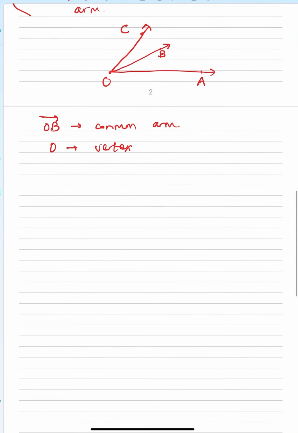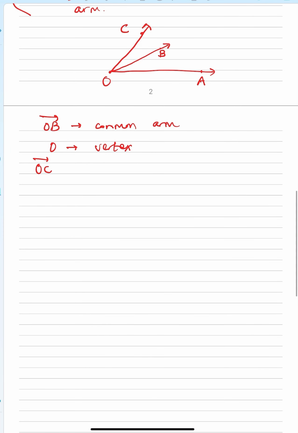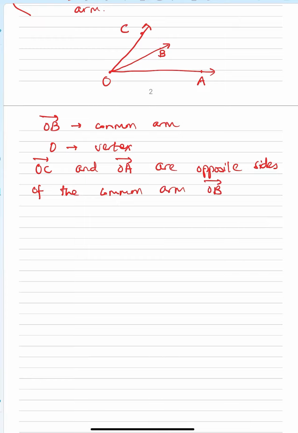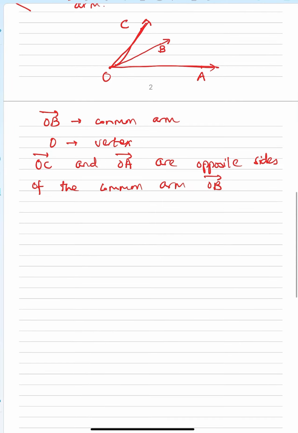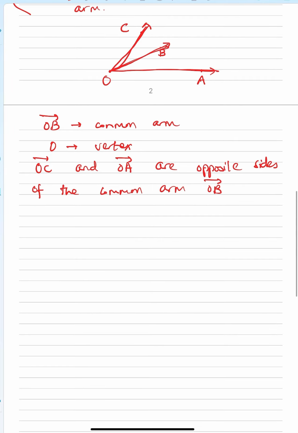And we can say that ray OC and ray OA are on the opposite sides of the common arm ray OB. So these two angles are adjacent angles.